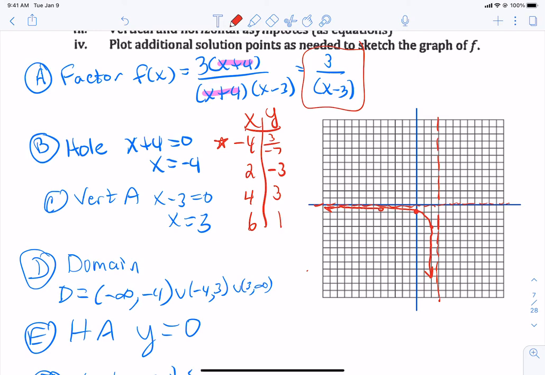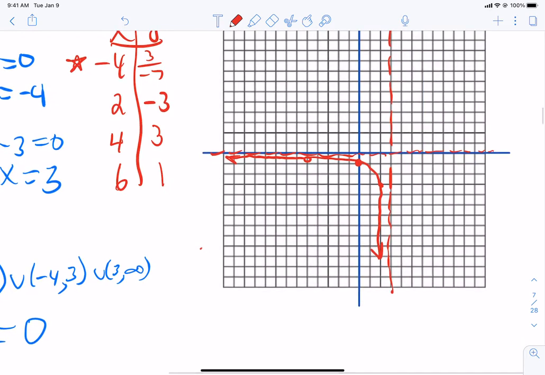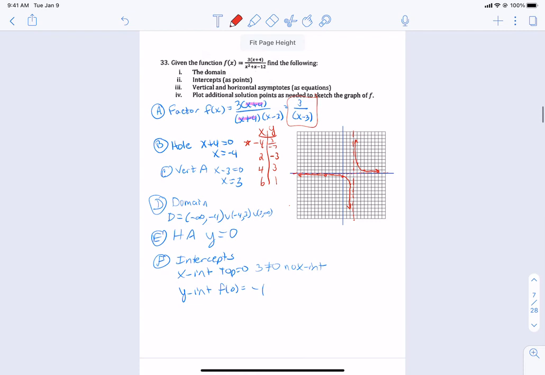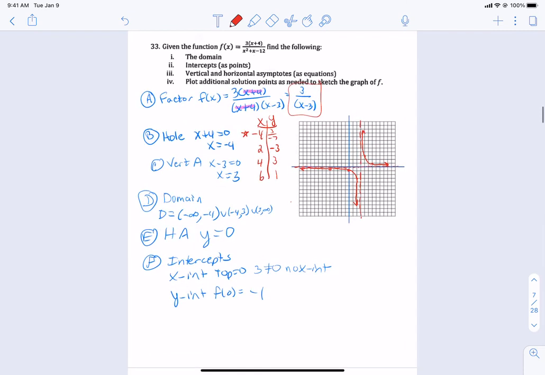Now let's plot those. So at 4, we are at 3. At 6, we are at 1. So it is a little piece like this. Okay? So there is about everything we need for number 33.